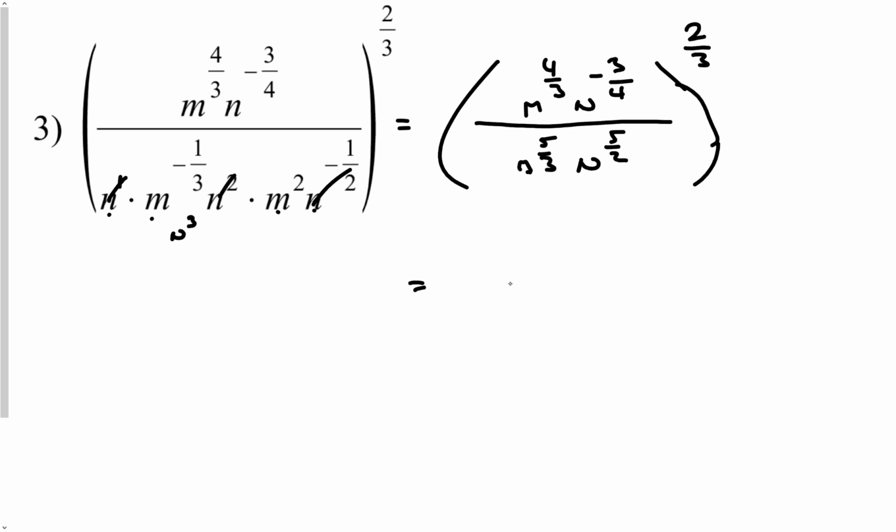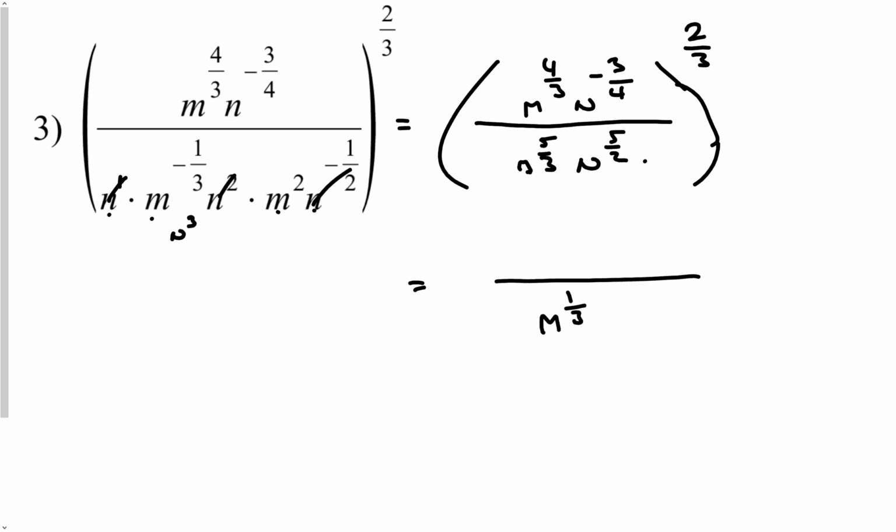So when I combine those and I subtract, I'm going to be left with m to the 1/3 on the bottom.